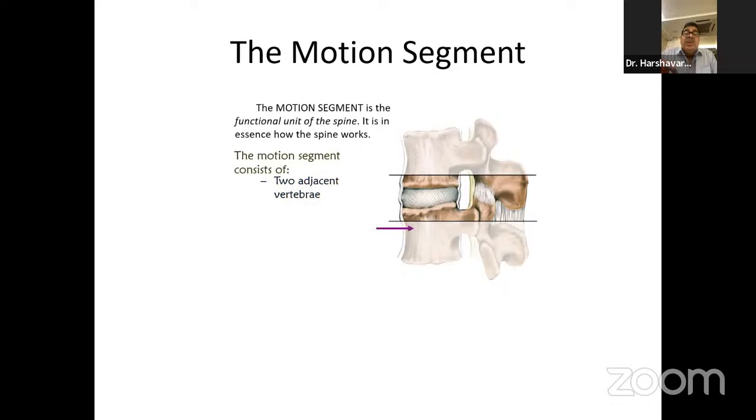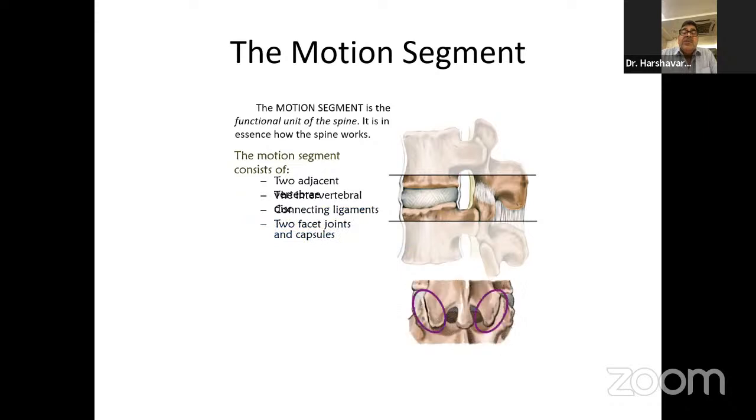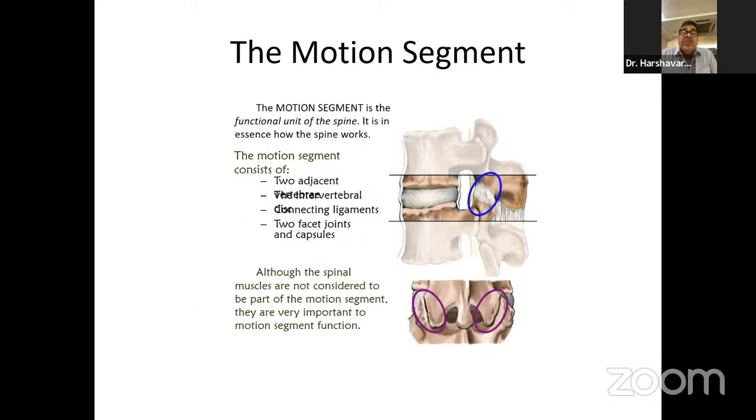It consists of two adjacent vertebrae, an intervertebral disc, connecting ligaments, and two facet joints and their capsules. Although spinal muscles are not considered part of the motion segment, they should be included because they play a very important role and they work in tandem.